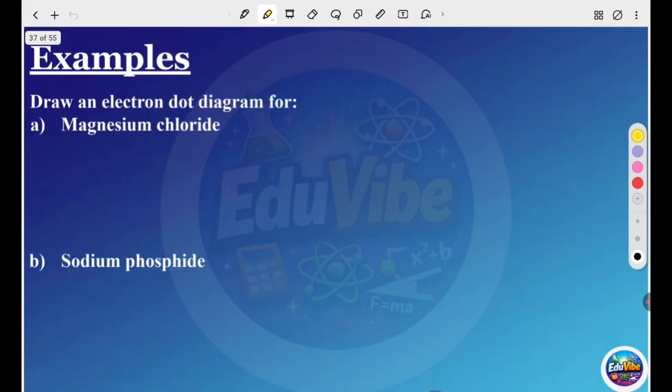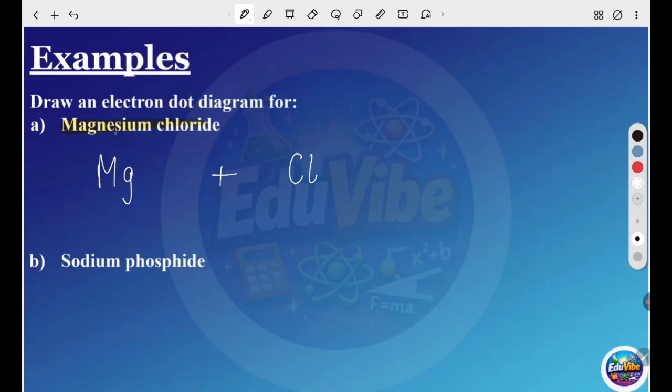So we have magnesium chloride. We have to make the electron dot diagram for this. Every time we get an electron dot structure to make, we have one cation and one anion, one positively charged and one negatively charged. In this, magnesium is positively charged, so we write Mg, and we also write Cl.